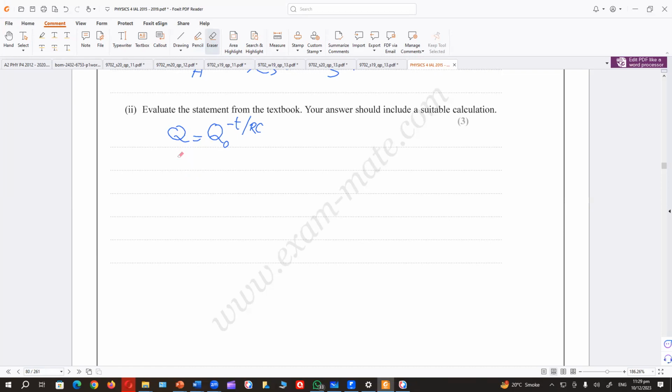Should I take ln on both sides? How should I get rid of this Q naught?